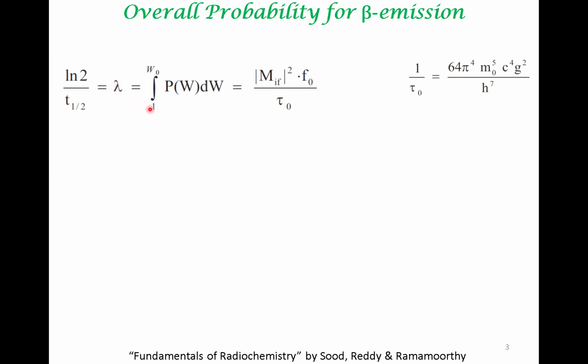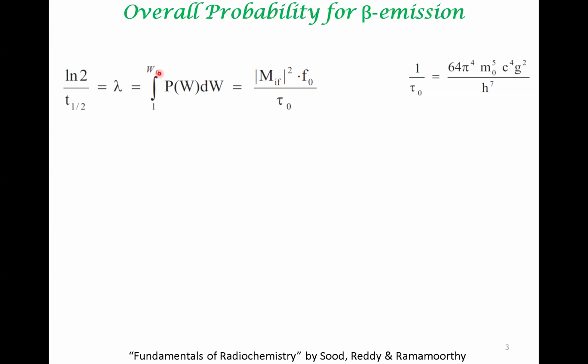Here we are integrating between two limits. The limit wherein, when there is a radioactive beta decay, the beta particle gets no energy, that is, all the energy goes into the neutrino, and in the other limit, all the energy that is released goes into the beta particle.